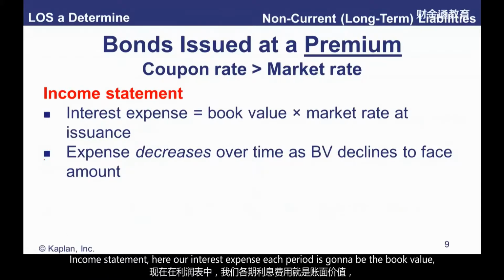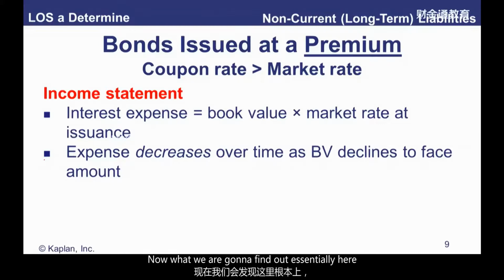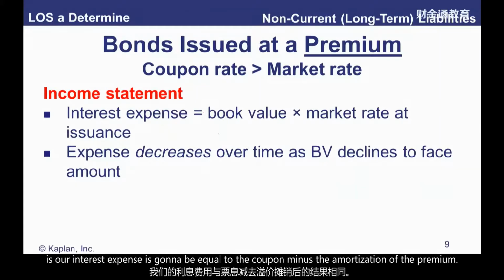Income statement: here our interest expense each period is going to be the book value, the opening liability value, times the market rate at the time of issuance. Now, what we're going to find essentially here is our interest expense is going to be equal to the coupon minus the amortization of the premium.